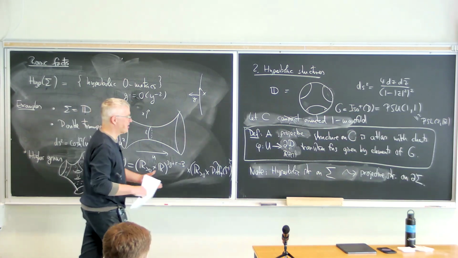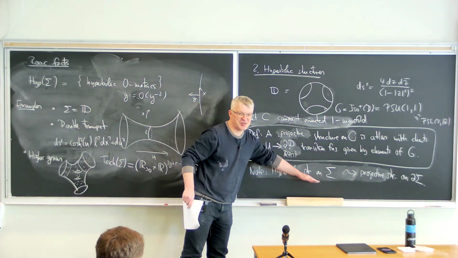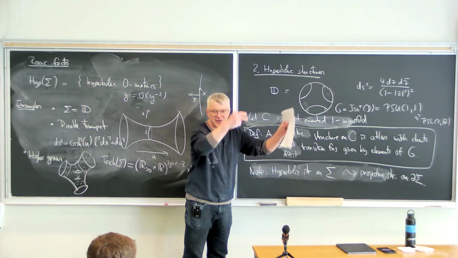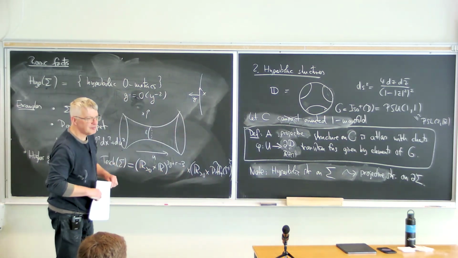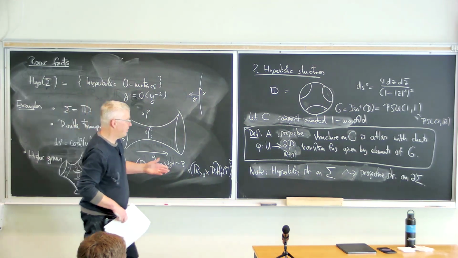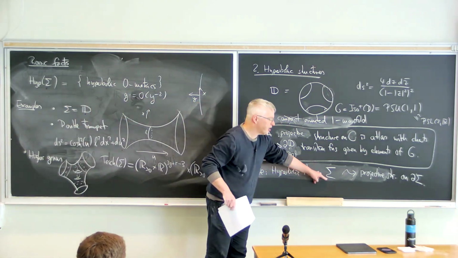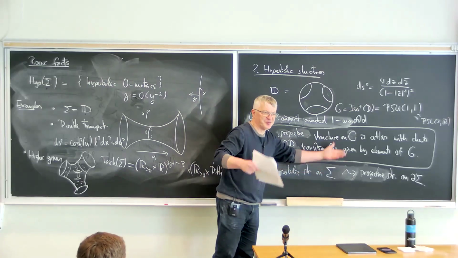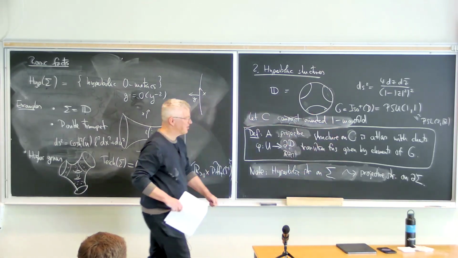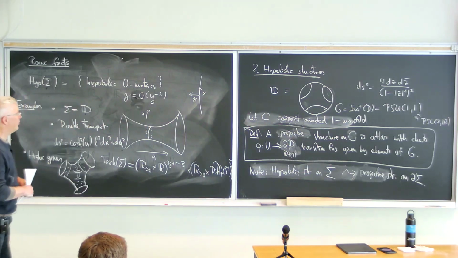Obviously, right? Because you just take the charts which you have for the hyperbolic structure on the surface and just restrict them to the boundary. Or charts, in the case with the boundary, take values in the closed Poincare disk and take the boundary of the surface to the boundary of the Poincare disk. So kind of obvious. Right.